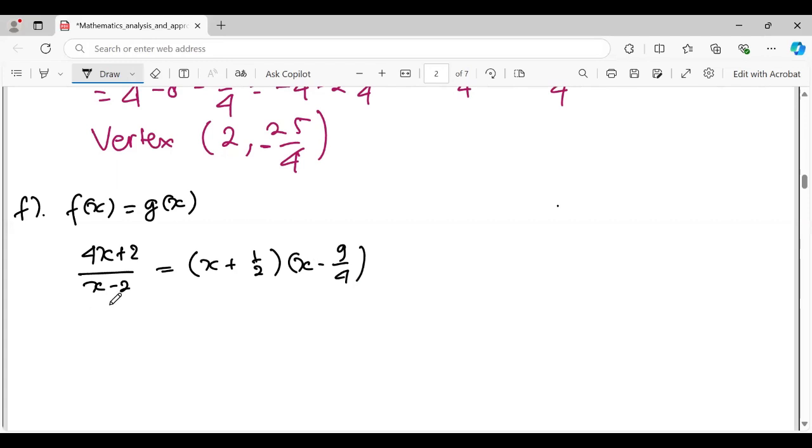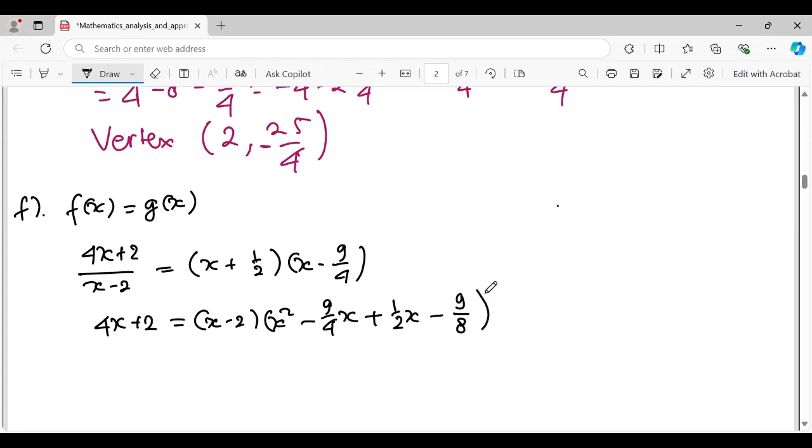So we're going to calculate: multiply both sides by (x minus 2), which is (x minus 2) times (x squared minus 9 over 4 x plus half x minus 9 over 8). Sorry, it's supposed to be 2.